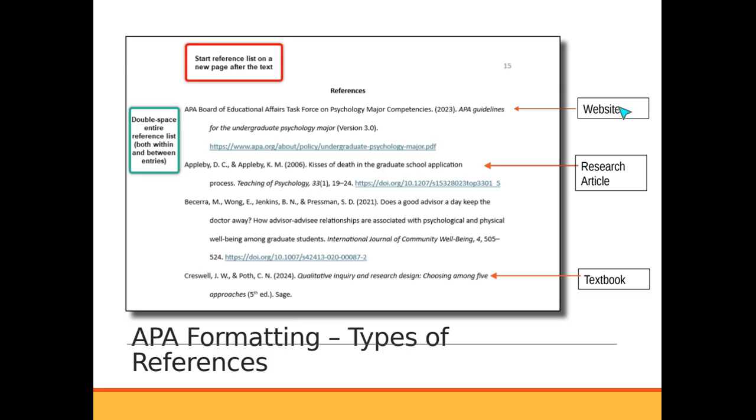So with a website, the author here is the APA board. Our websites have actual authors, so the author goes here. But notice the title of the article on the website is italicized: APA guidelines for the undergraduate psychology major. And then you add the website where it came from after that.